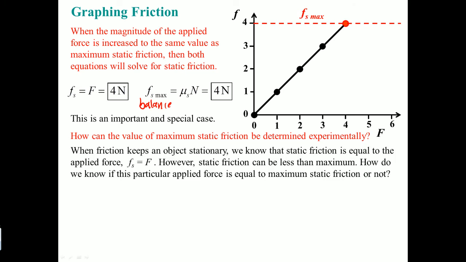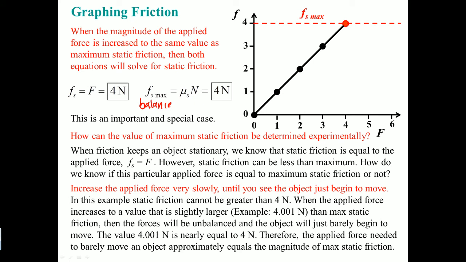For it to overcome, right, we have to increase the applied force very slowly to the point that it becomes like 4.001 newtons. Once it becomes slightly above 4 newtons, we will see the object start moving. Okay?